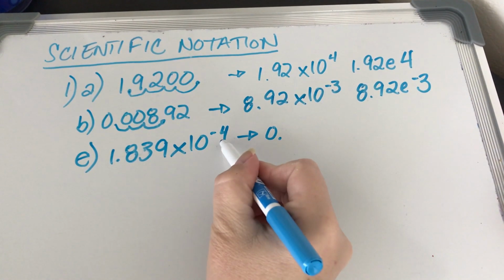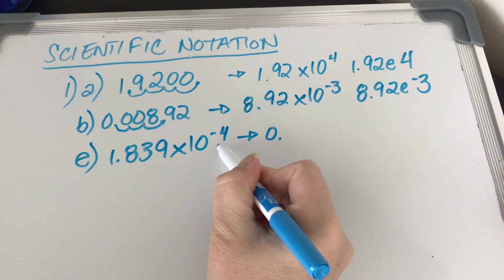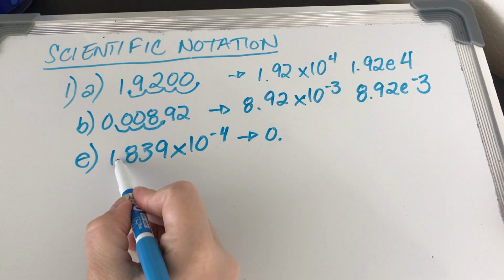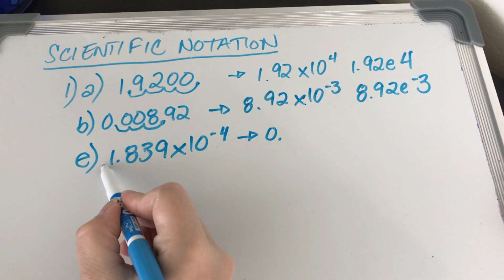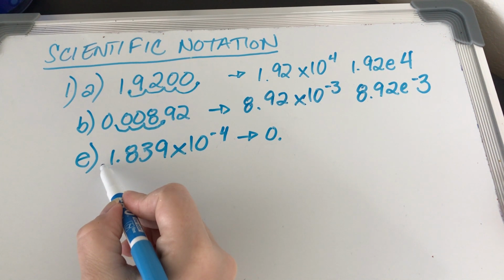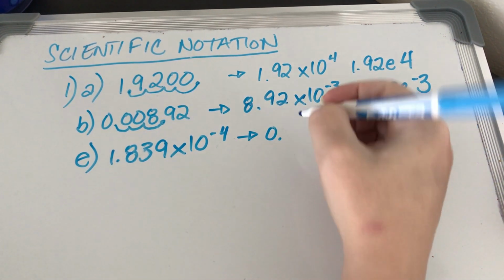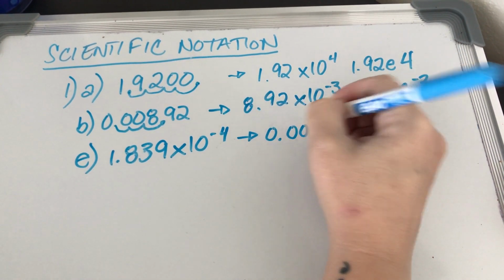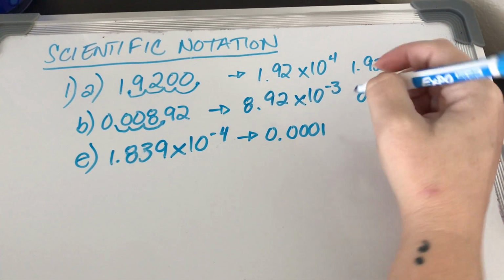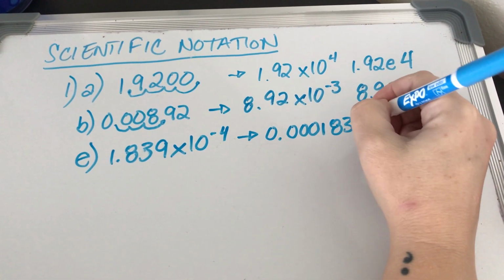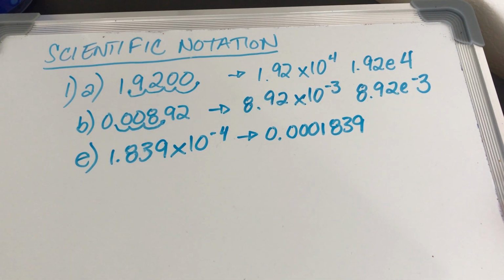So basically, if I know I have a -4 here, I know that one of the decimals that I go over is going to be for the 1, and then the rest are going to be zeros out front, right? So 1, 2, 3 zeros, then my 1, 8, 3, 9. Does that make sense, guys?